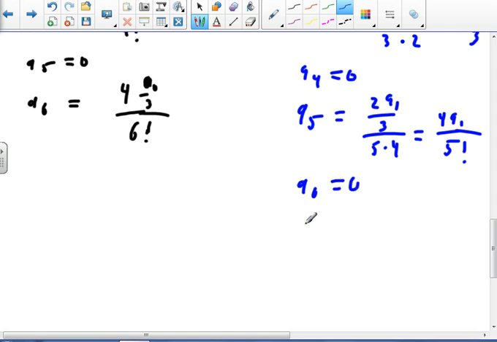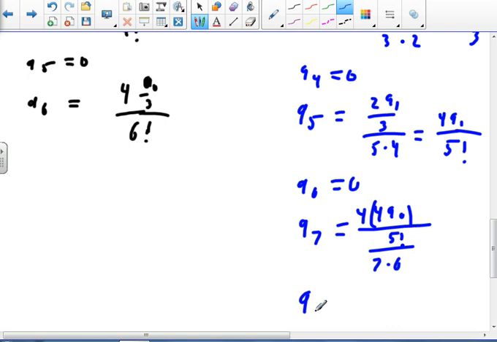a6 is 0. a7 is 4 times 4a1 over 5 factorial divided by 7 times 6. So a7 is going to be 16a1 over 7 factorial.